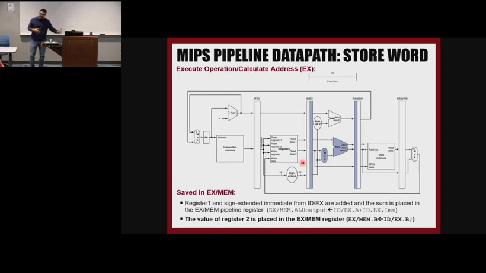We don't have the multiplexers here. I'm working as a multiplexer for you and just showing the data that we actually need. But in reality, we move B to that register anyway, and later we decide whether we want to use it or not. So register B, which is the register they want to write to the data memory, is also moved from pipeline ID/EX to pipeline EX/mem. This is one of the differences between load word and store word.